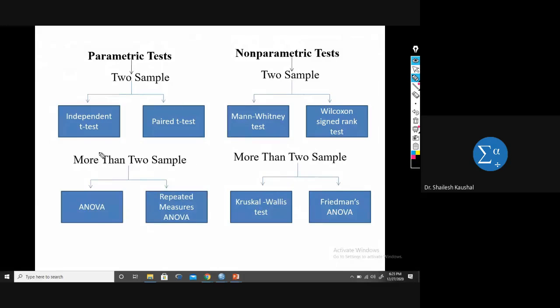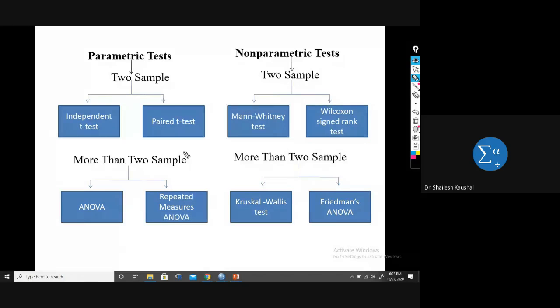The purpose of the independent t-test is to compare two groups. For example, my hypothesis may be that in the private sector there is a significant difference between the salary received by male and female teachers.